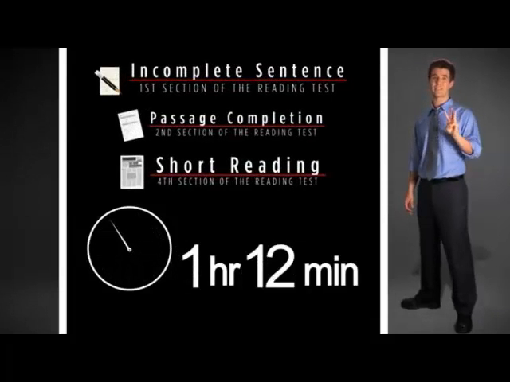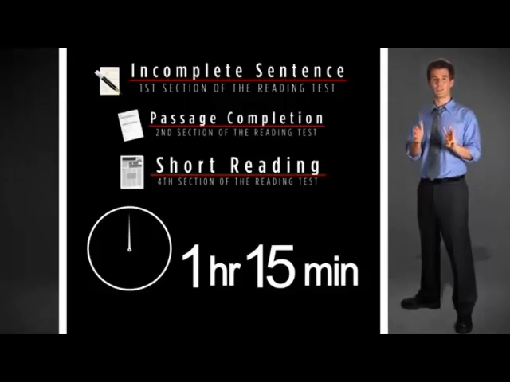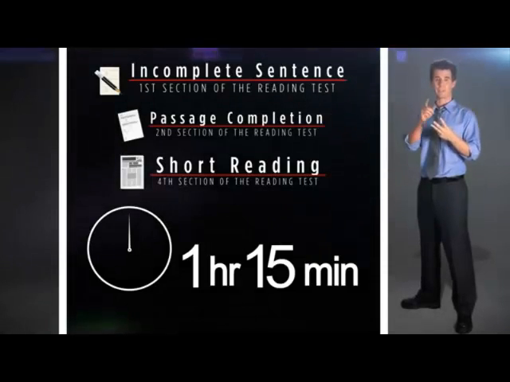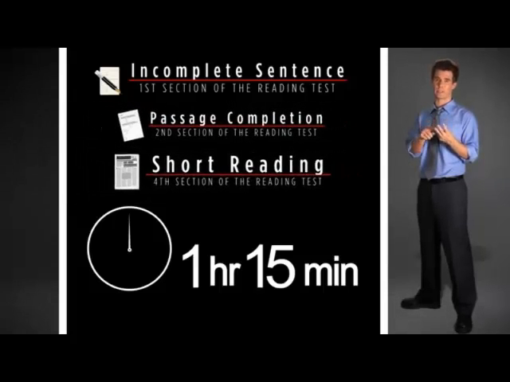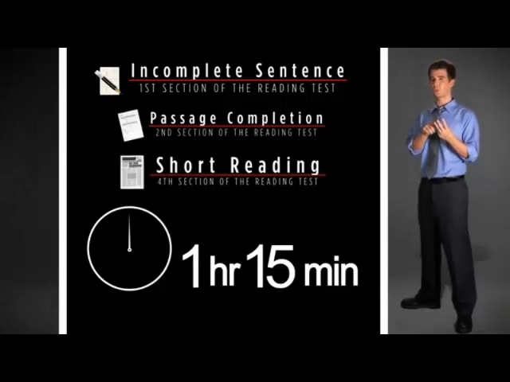But we have 3 different sections that we must do in that time. We have the incomplete sentence section, we have the passage completion section, and we have the short reading section. Now usually the short reading section is the most difficult, so if we can, we want to try to do the incomplete sentence section quickly so that we have some extra time for the more difficult sections.